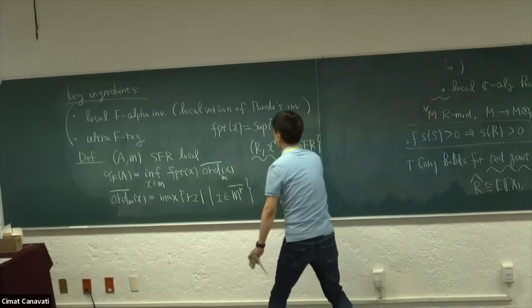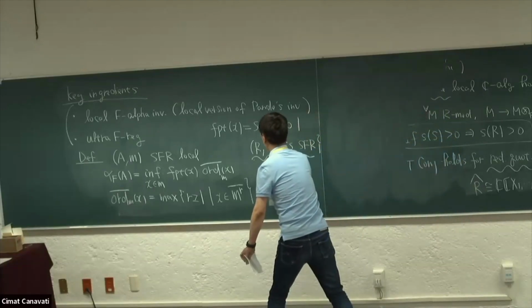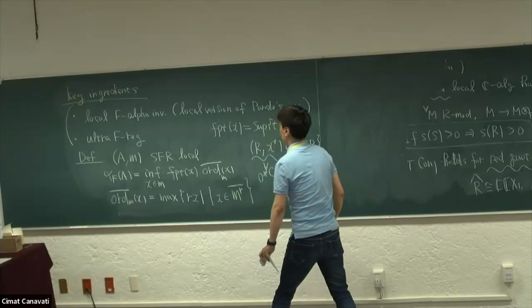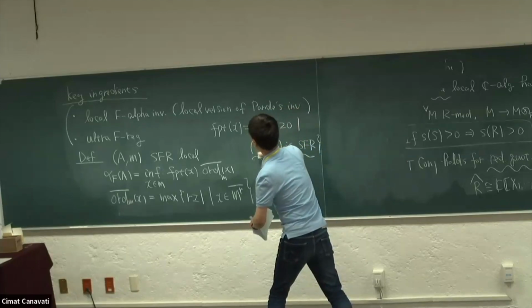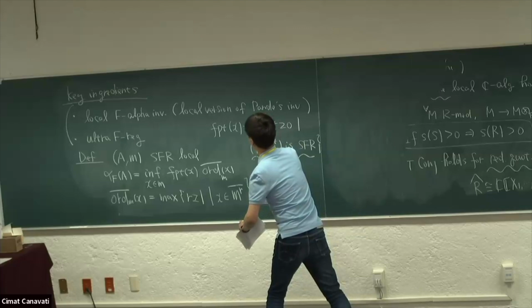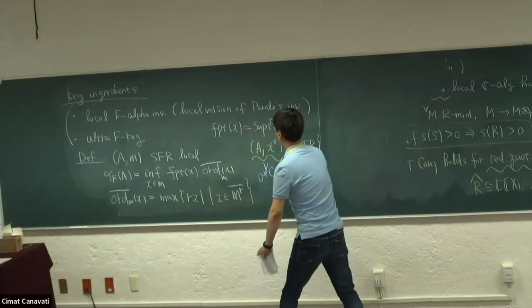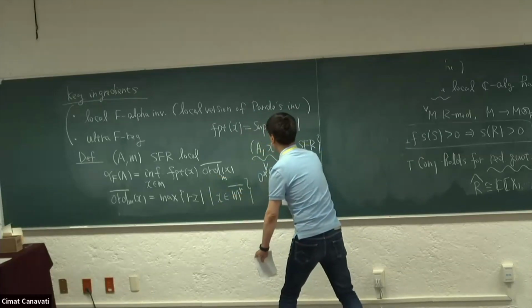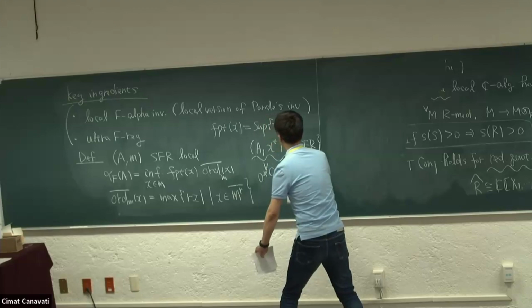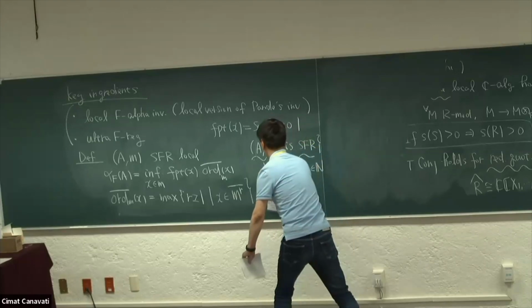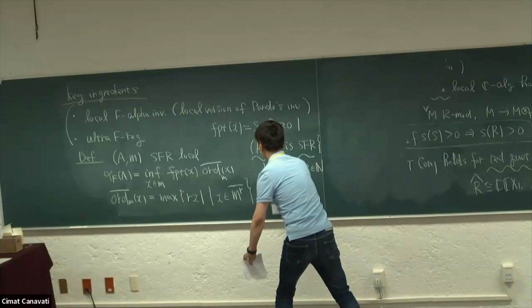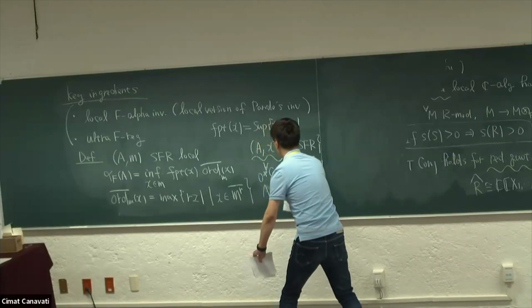So this means for any non-zero C, sorry, my ring is A. So yeah. For any non-zero element C, there exists an integer e such that first we consider the e-times iterated Frobenius map.